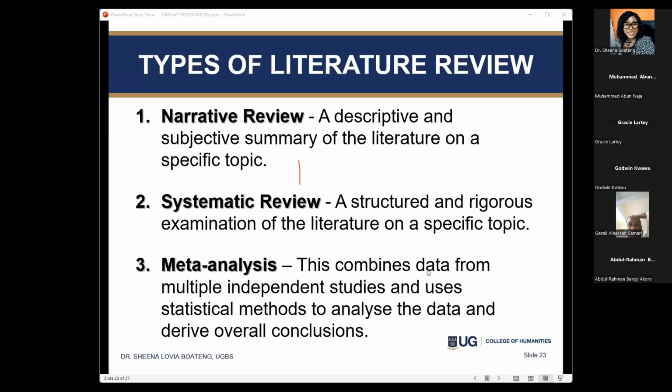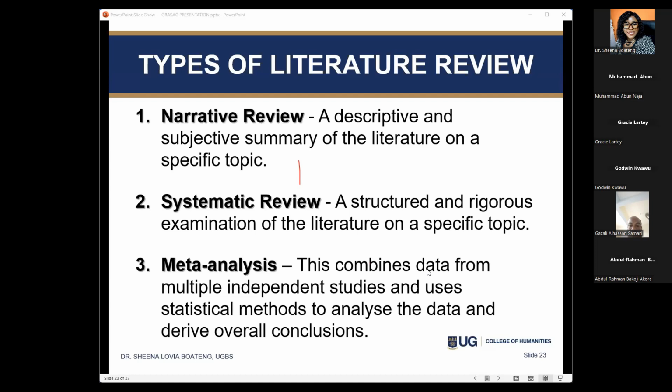Now, the term meta-analysis of literature review is not very common among students, right? It's usually common among more established researchers who have mastered the art of harvesting and combining data from multiple studies and using statistical methods to analyze the data and then developing conclusions from which they produce manuscripts, right? So the meta-analysis is reserved for more experienced researchers who have a skill set in that area.